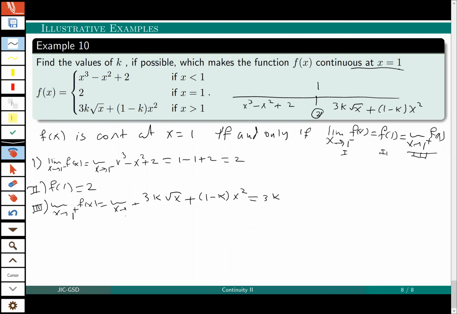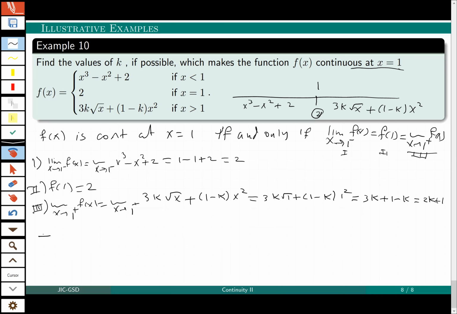If x goes to 1 from the right, I will get 3k square root of 1 plus 1 minus k times 1 squared. So we get 3k plus 1 minus k, that is 2k plus 1.